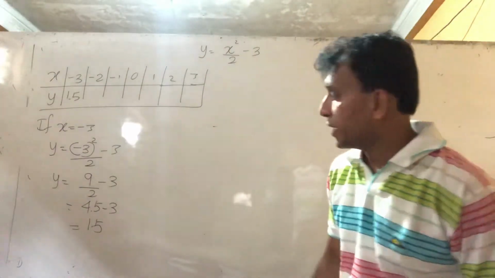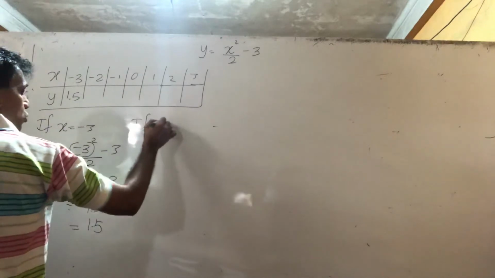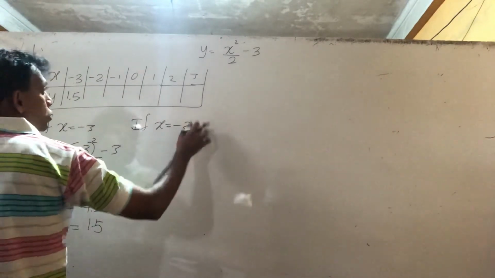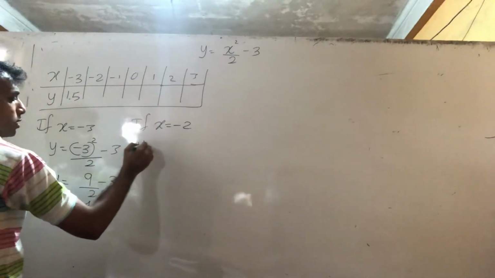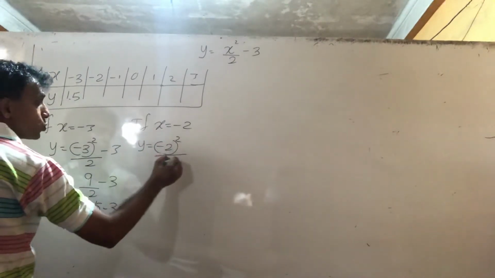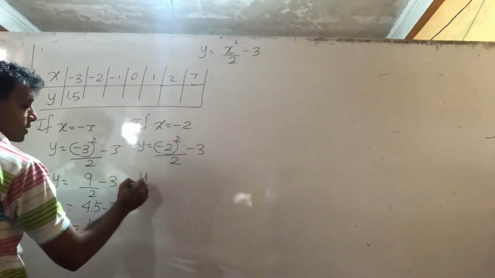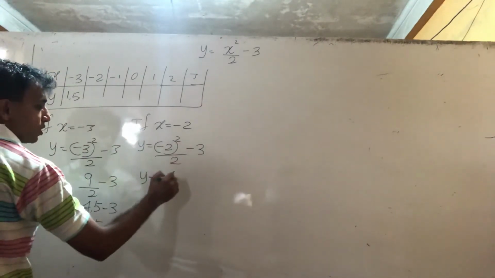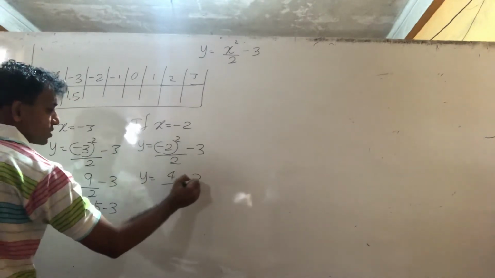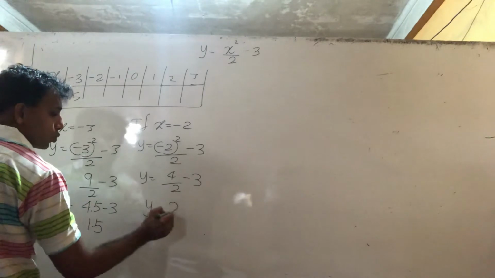Now put x equal to minus 2. Then y equals minus 2 squared over 2, minus 3. So what is that? Positive 4 divided by 2, minus 3. 4 divided by 2 is 2, and 2 minus 3 is minus 1.